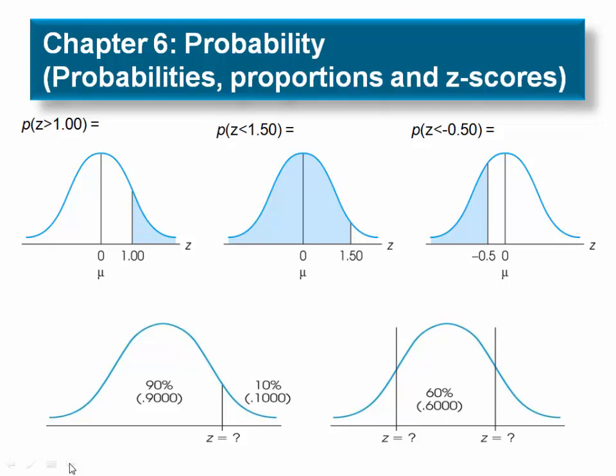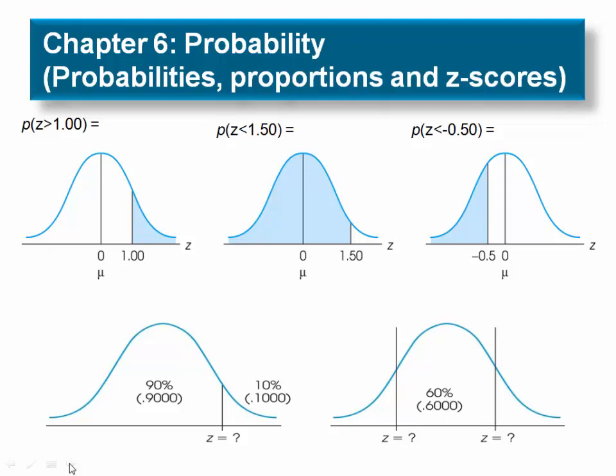Sometimes we work from the inside out in the z-score table, and that is how we will work the problem in the graph on the bottom left. The question we will start out with is, what is the z-score that separates the top 10% of scores from the bottom 90%? Think about where that z-score on the graph is located.